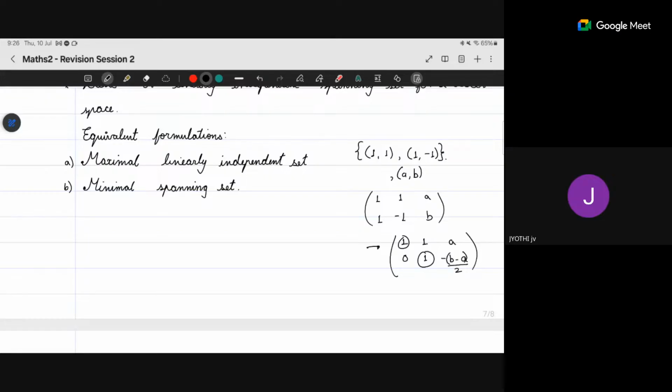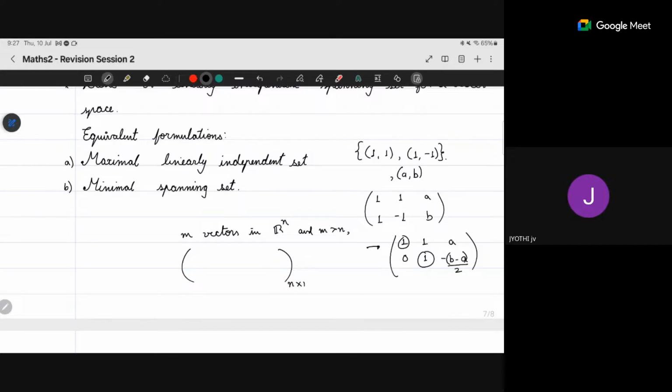In general, if I have m vectors in Rn and m is greater than n, what happens to the matrix? There will be m columns and n rows.